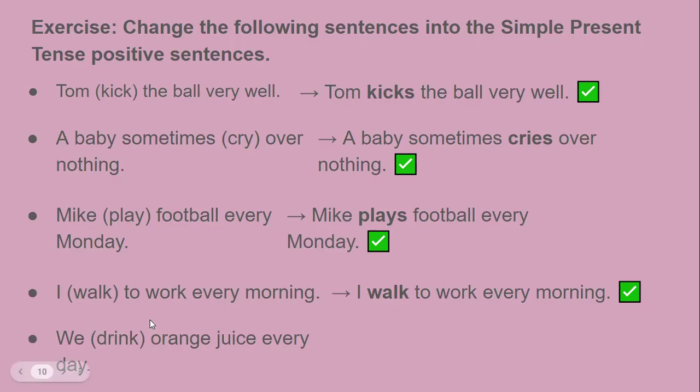We drink orange juice every day. So again, the subject belongs to rule 4, for subjects I, you, they, we. In the simple present tense, we don't do anything to the verb. We leave it in its original infinitive form, and therefore the sentence becomes, we drink orange juice every day.